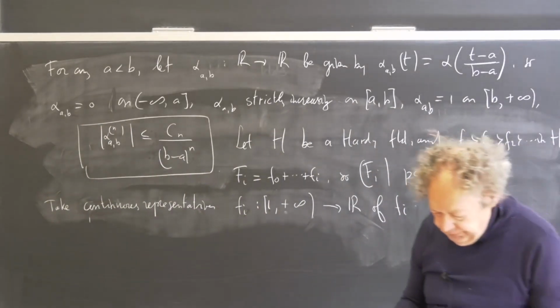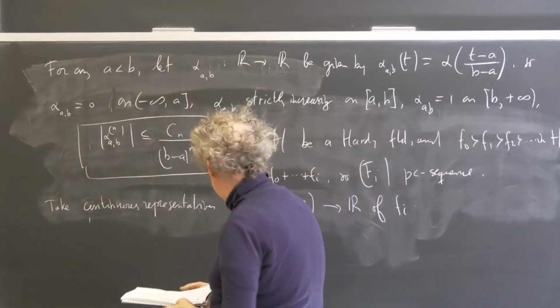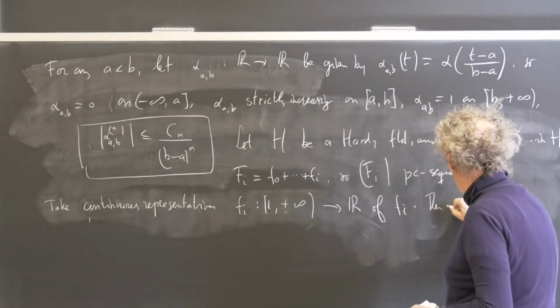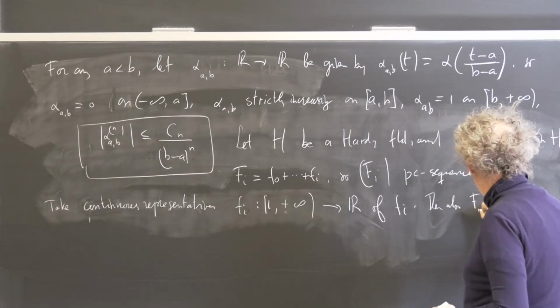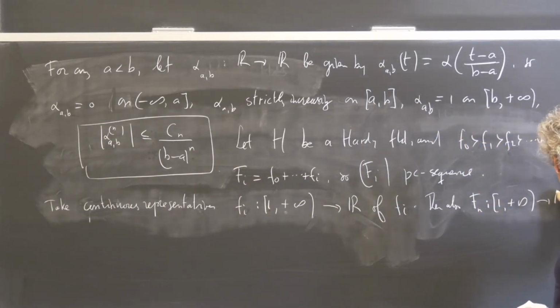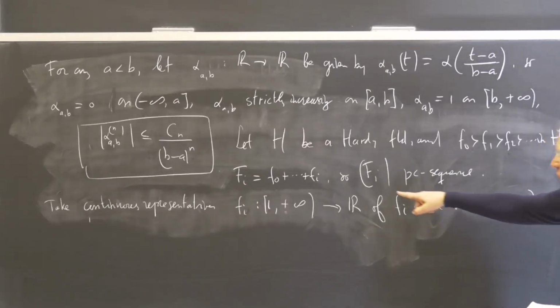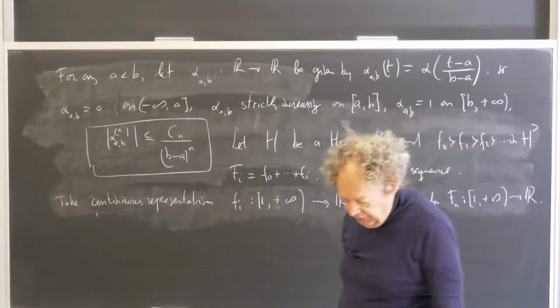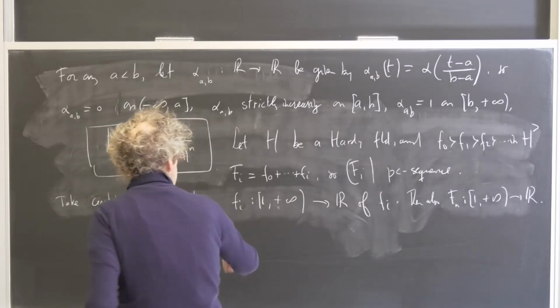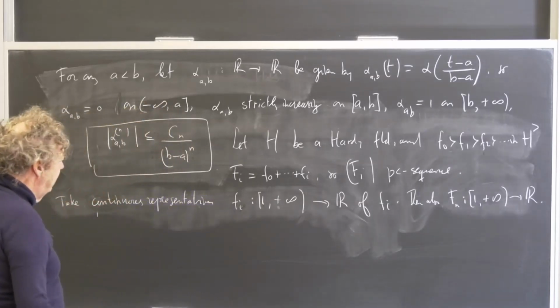And so then also fn becomes a continuous function. Then of course this finite sum becomes also simply a continuous germ. But now for every n we can take an interval.